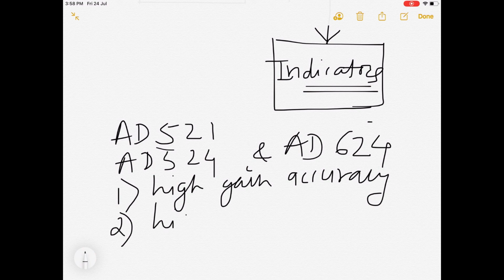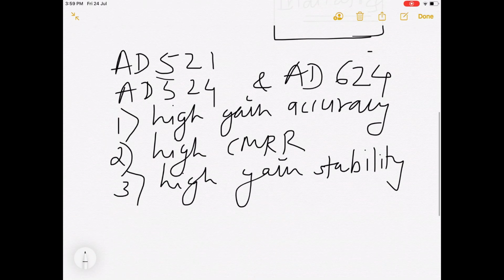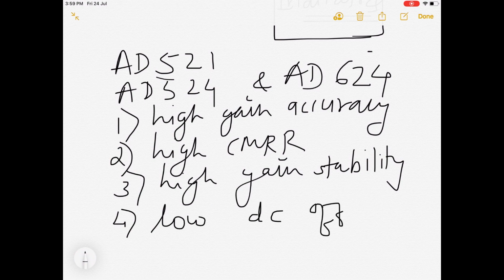Second, high CMRR. Then the third point is high gain stability. Then the fourth requirement is low DC offset, and fifth is low output impedance.